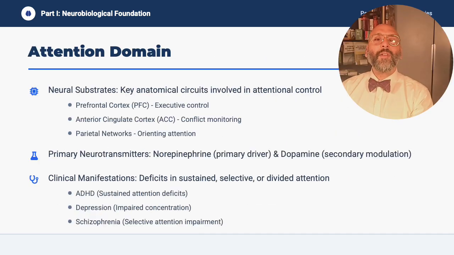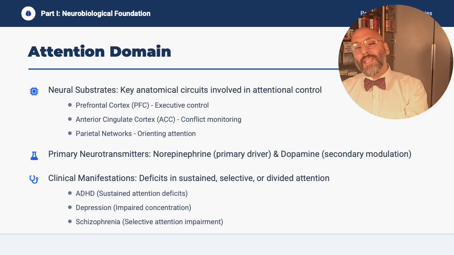So let's zoom out into the attention domain, which is often the first cognitive system that people try to treat. And just as often, we tend to misattribute. So from a circuit perspective, attention is not one thing. It's distributed. The prefrontal cortex handles the executive control, right?